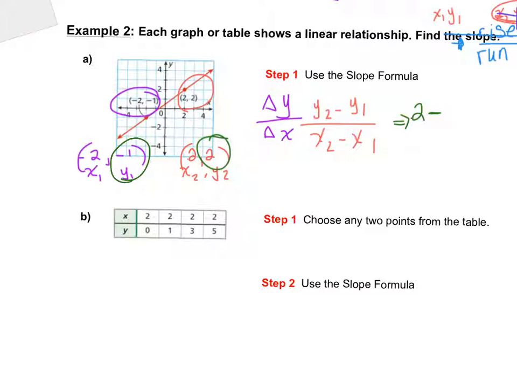So it's y2, which is 2, minus -1 over x2, which is 2, minus x1, which is -2.